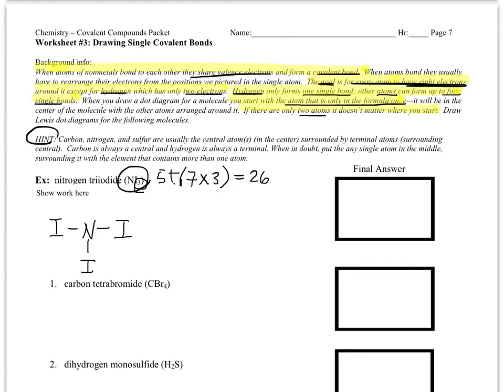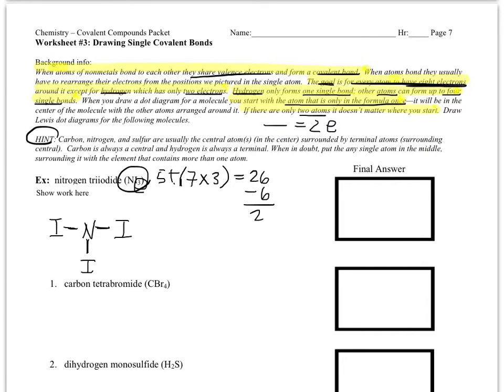So it's really important to remember that this line here equals a total of 2 electrons. If you count it as 1 electron, your whole electron count is going to be off. Alright, that means so far then I've used 2, 4, 6 electrons total just connecting the nitrogen and the iodines.